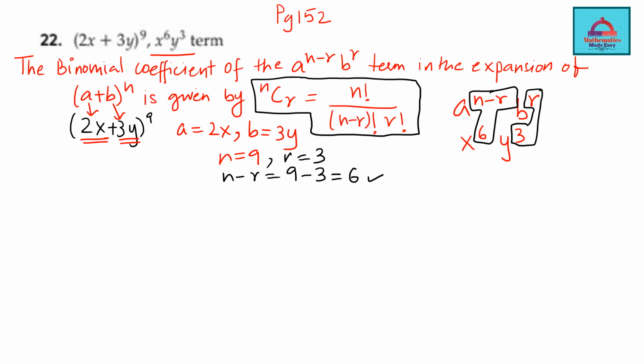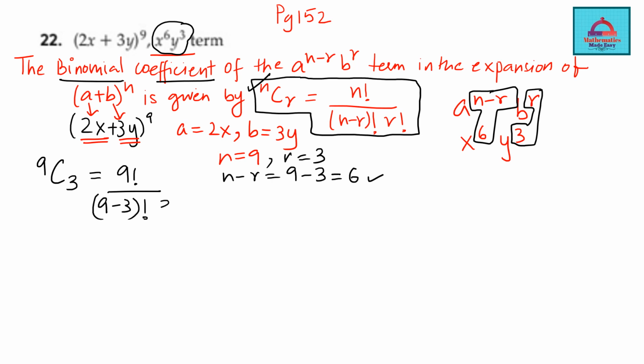Okay, so we need the binomial coefficient of the term having this thing, and we are going to use the binomial theorem. So I'm going to use this formula nCr. I have my n as 9, I have my r as 3, so 9C3. This is what we are going to calculate. So n factorial over (n minus 3) factorial times 3 factorial.